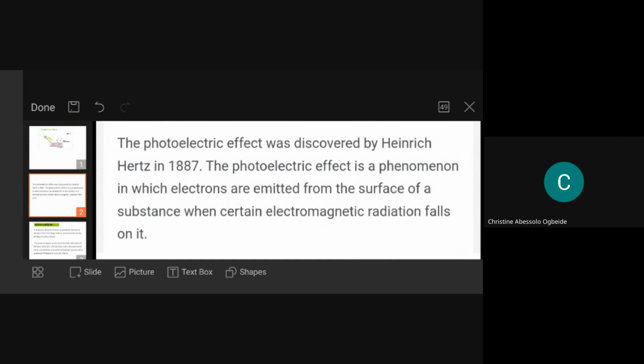The idea is for you to have a broad overview of what the whole concept is about. The photoelectric effect was discovered by Heinrich Hertz in 1887. Take note of the name. He was the founder, the person who discovered the photoelectric effect in the year 1887.